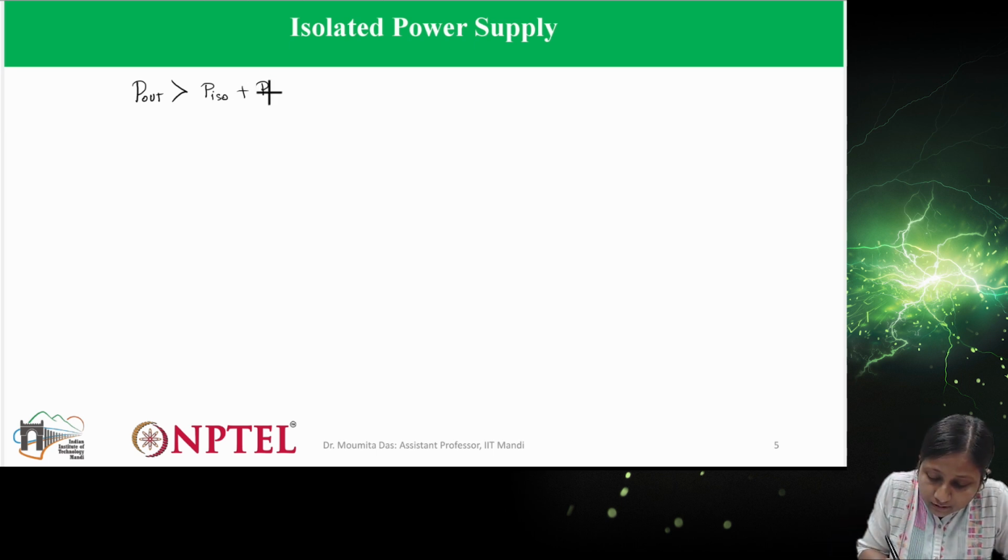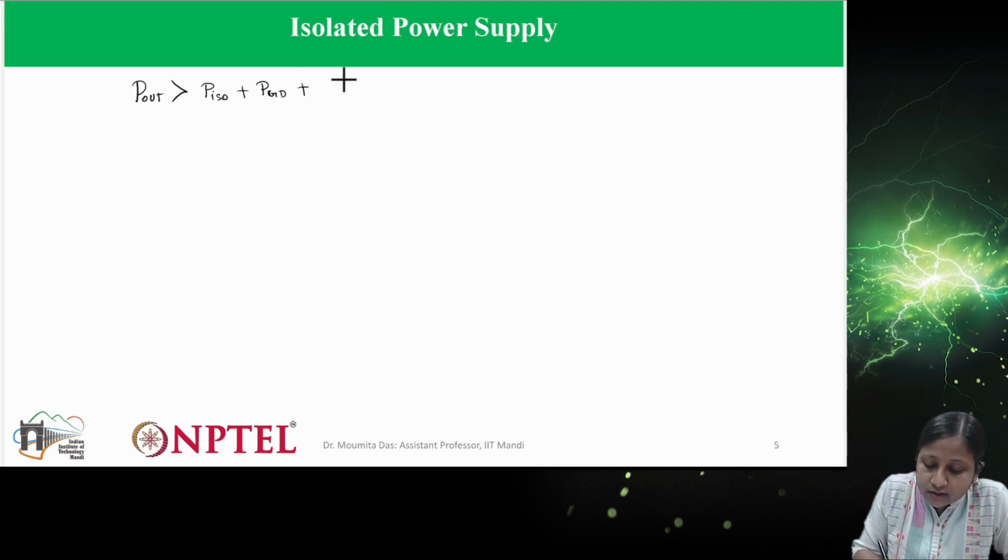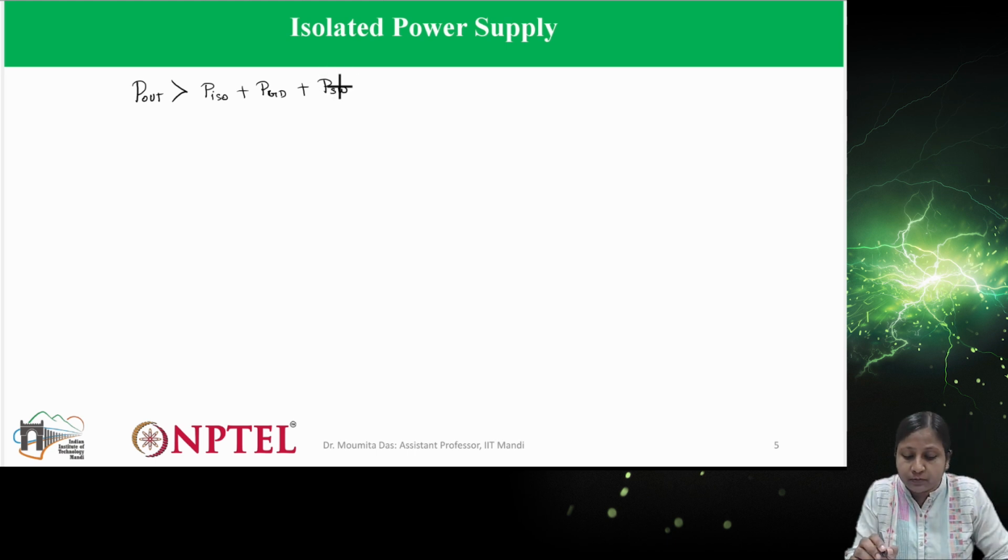So whatever power will be dissipated in the gate drive, plus the power loss in the switches during the turn on and turn off, which comes from the switch part. This switch power will actually be lost in the switch during the turn on and turn off.